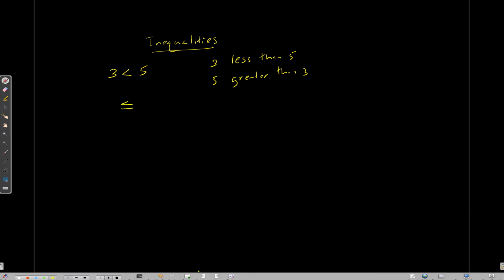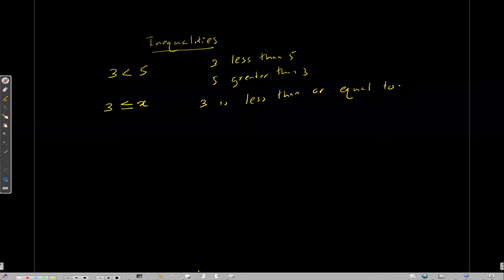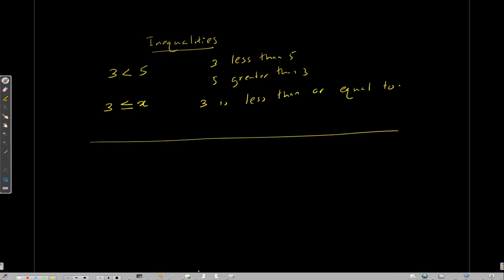And if you had this, 3 is less than or equal to. So less than or equal to. Now, if we try to draw this in a number line, let's say 0, 1, 2, 3, 4, 5, and so on.